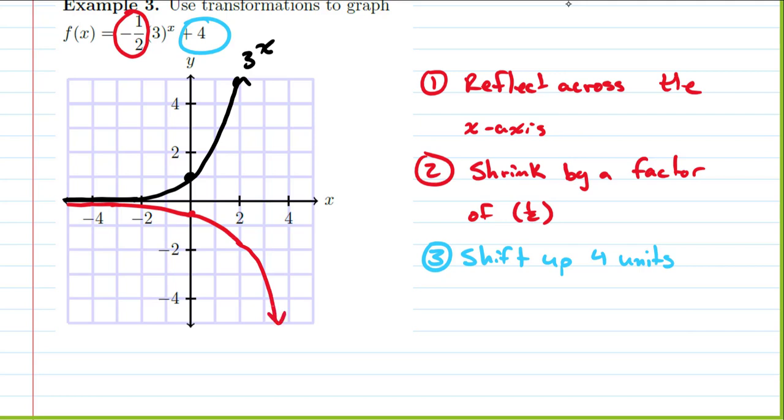It's going to do something like this. And then we need to shift our graph up 4 units. So we go up 1, 2, 3, 4. And we're still going to have our horizontal asymptote here. So our graph is going to look something like this.